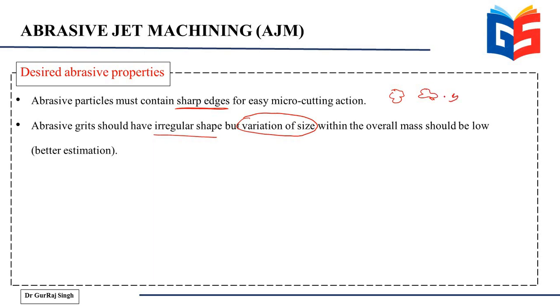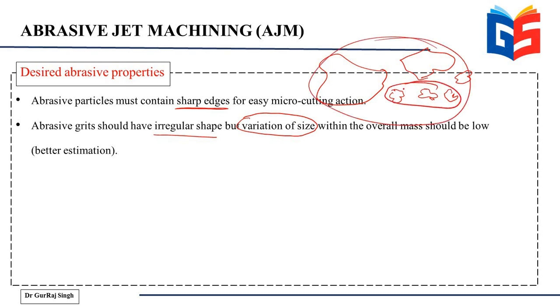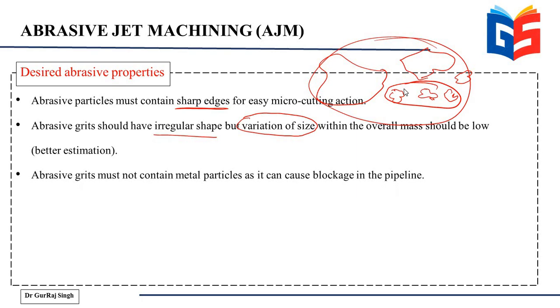The third one can be of another random shape. But you should not have an abrasive of this size or this size or this size mixed all together. You should have abrasives of the same size mixed together, and this would improve the final surface finish that we will achieve after the process is over.